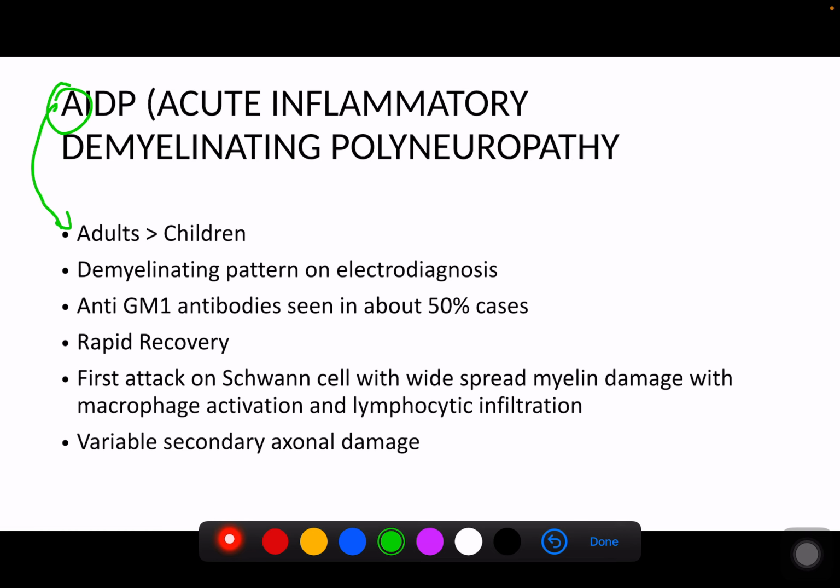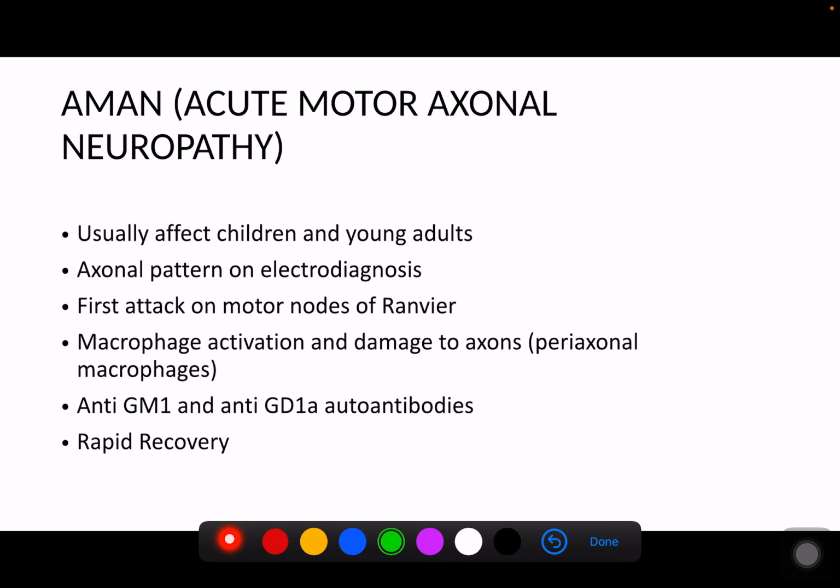Anti-GM1 you have to remember. Anti-GM1 antibodies are seen in about 50% of the cases. There is rapid recovery. The first attack is on Schwann cells with widespread myelin damage, macrophage activation and lymphocytic infiltration, with variable secondary axonal damage.